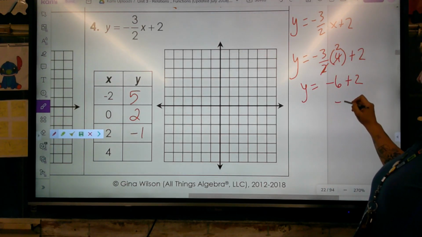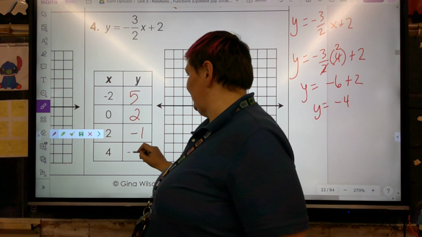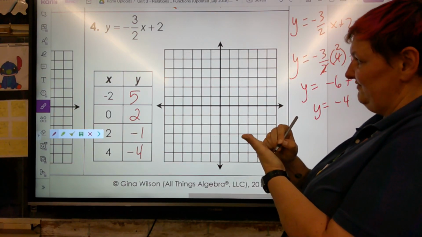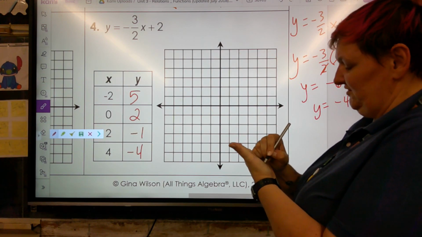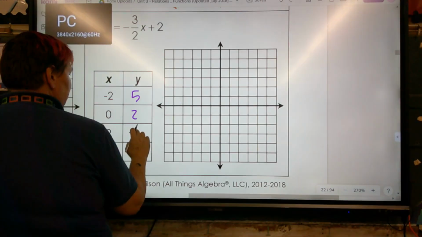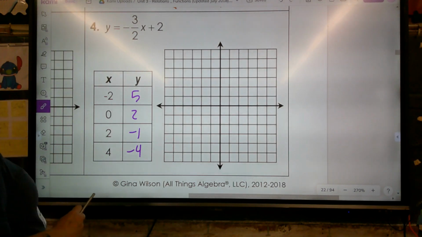Negative 6 plus 2 is negative 4. So y equals negative 4. All right, so let me write it down. 5, 2, negative 1, negative 4. Is that right? Okay, now we can graph it.